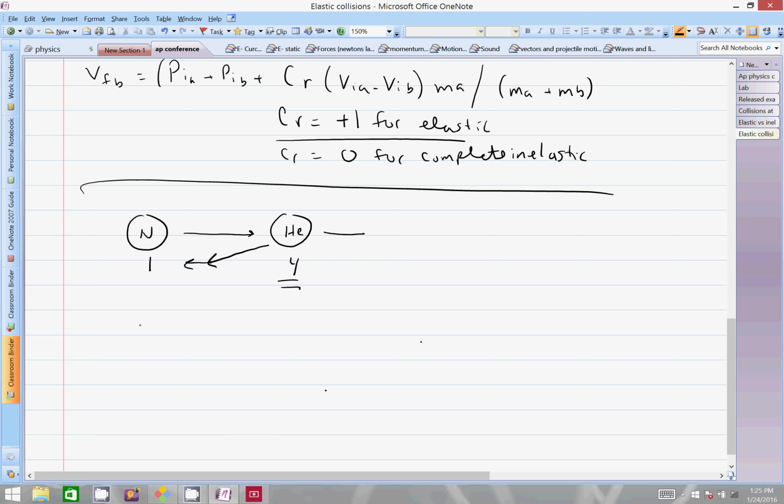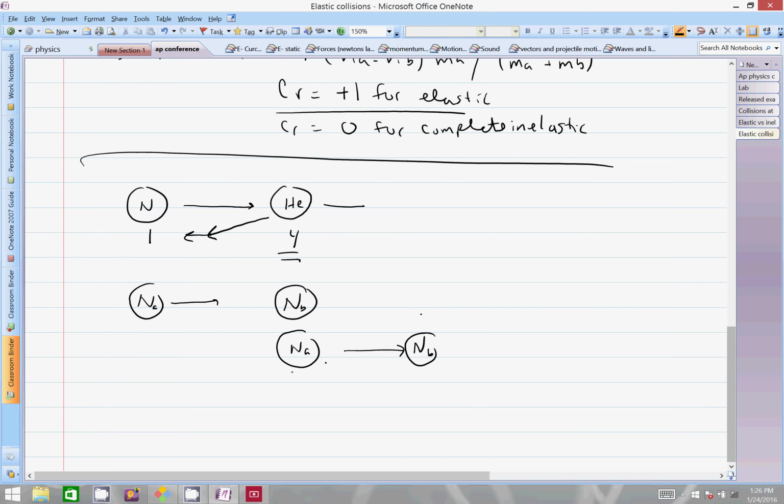If we had a neutron bouncing into another neutron, okay, the neutron is stationary, this one is moving. In that case, the aftermath, neutron A, neutron B, neutron A would at that point be stationary, and neutron B would be moving. In this case, that's because they have equal masses.